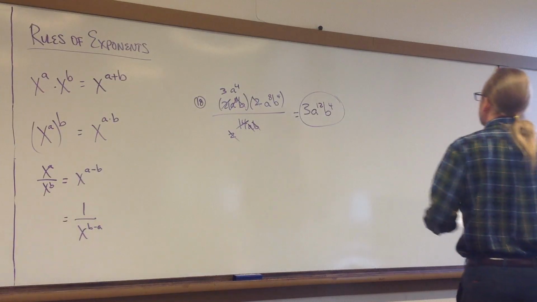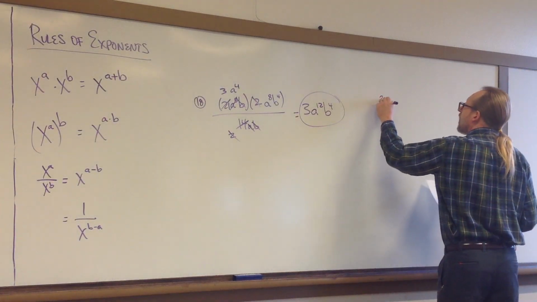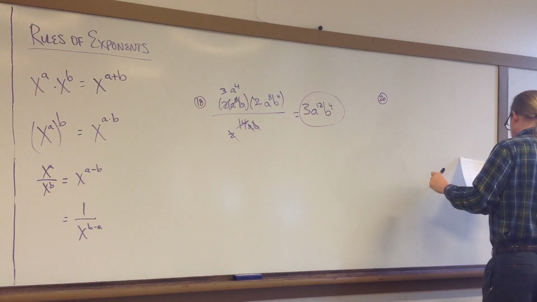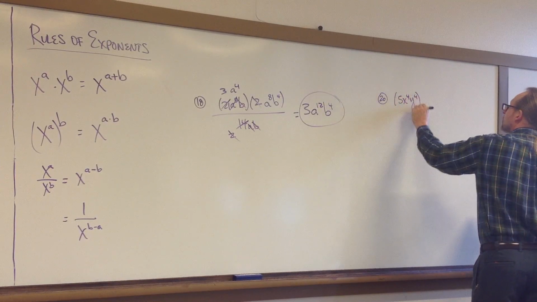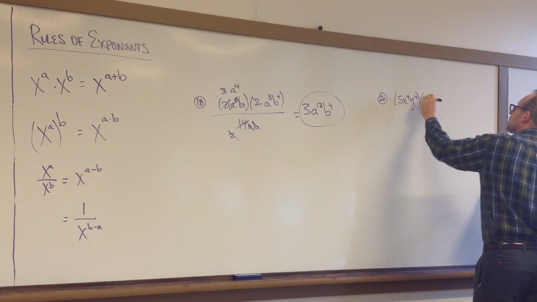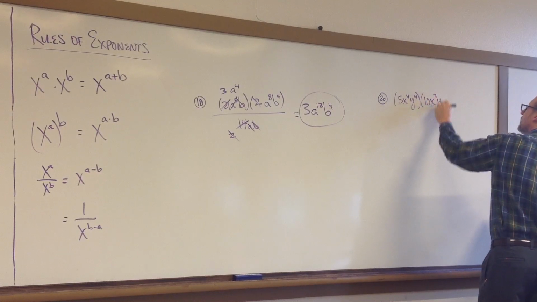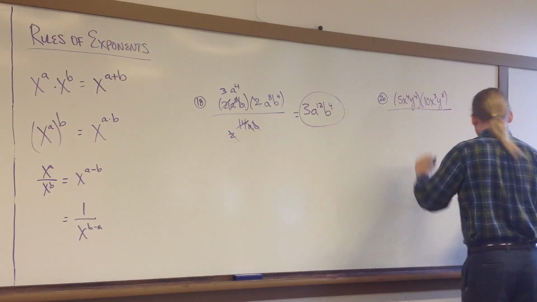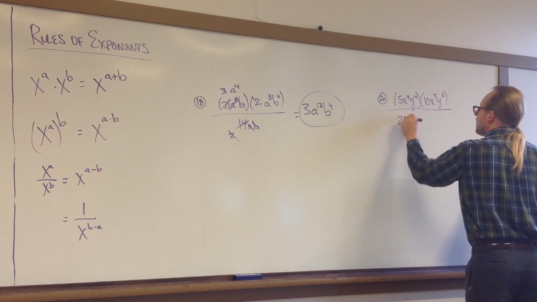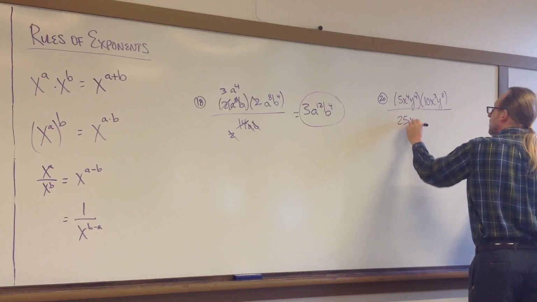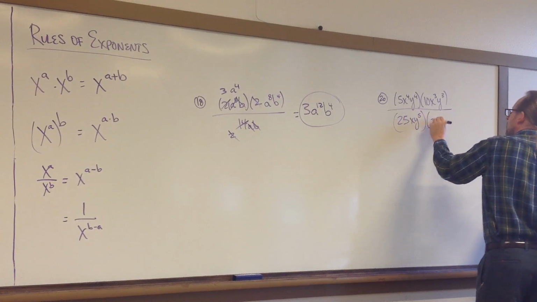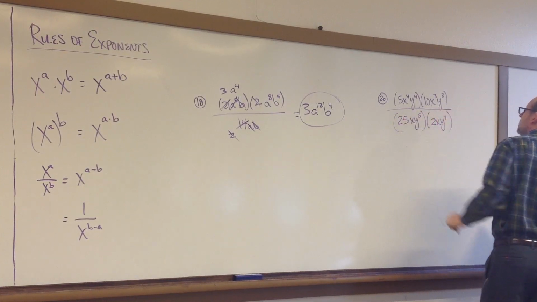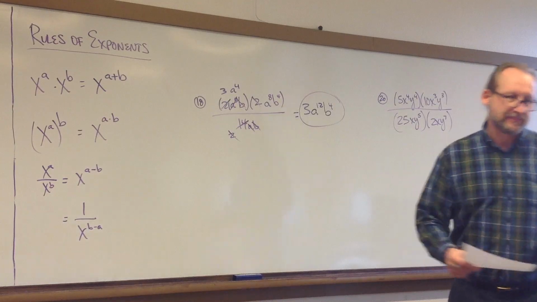All right, problem 20. 5x to the 4th, y to the 4th, 10, x to the 3rd, y to the 3rd, and on the bottom, 25, xy to the 5th, and 2, xy to the 7th. All right.